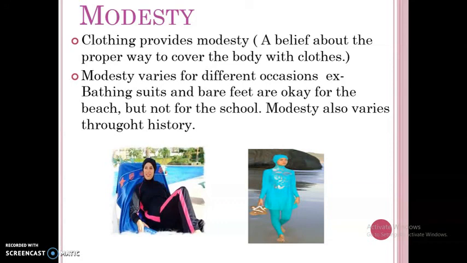So modesty is relative to occasions, to community, to timing, and that is why you cannot have a very specific definition of modesty. What is modest in Western culture may be immodest in Indian culture. For example, bathing suits and bare feet are okay for a beach but not for a school.